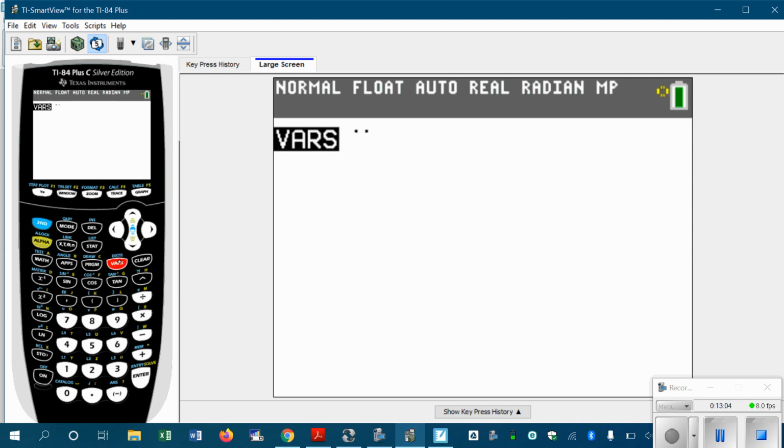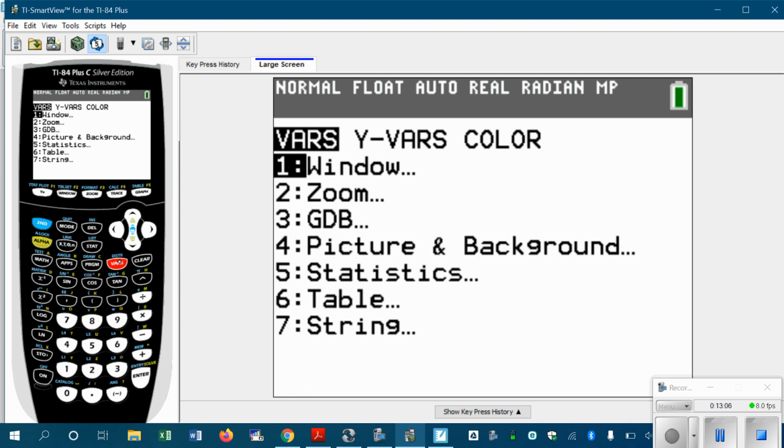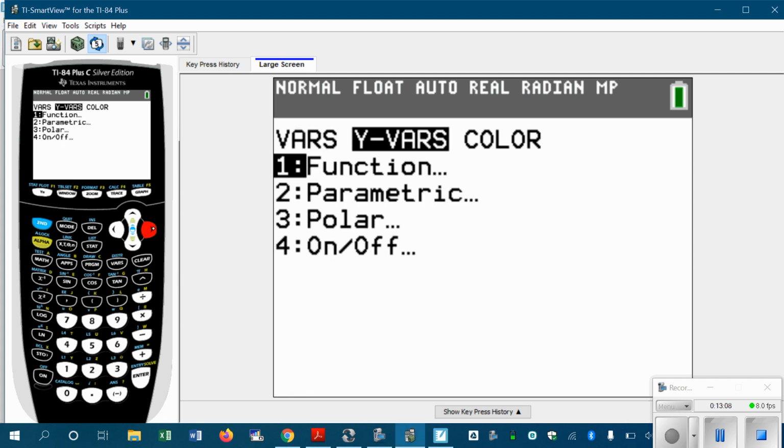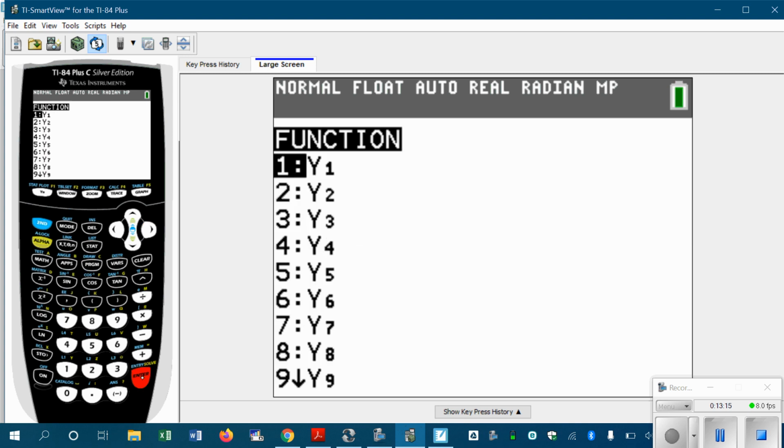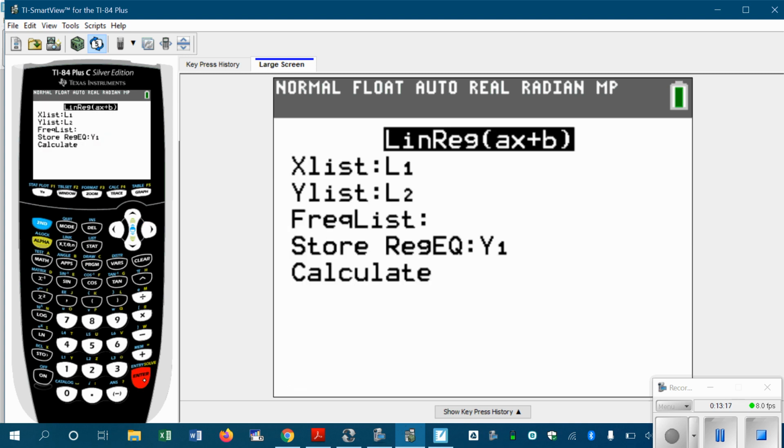That's in the variables menu. Over to Y variables. I'm going to hit enter on Y variables and function. And I'm going to hit enter and get that Y1 symbol. What that is going to do is put the line of best fit equation in the y equals part of my calculator for me. Then I'm going to push calculate.